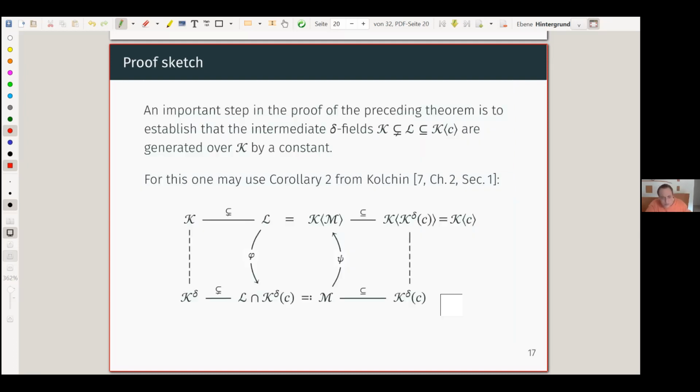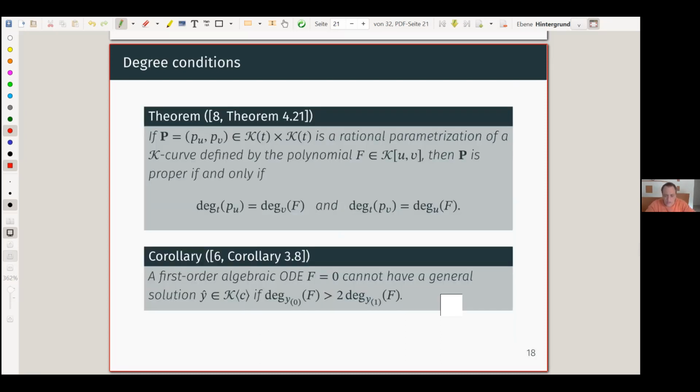I'll have not the time to go into the proof here. But one thing that I just want to mention is that by this very nice property, I will get also nice degree conditions. There are also similar degree conditions on this very first algorithm for rational general solutions that I mentioned.